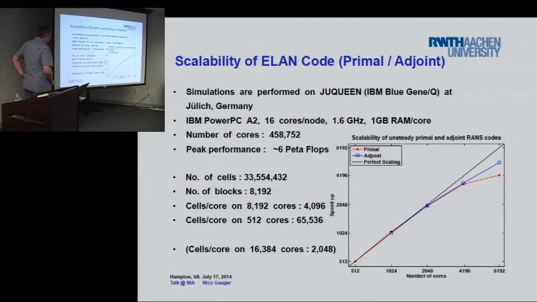That's a big performance if you would have the complete machine. And we measured the performance on a slightly smaller mesh here, which is having cells nicely dividable by 2. And you see how nice the primal code and the adjoint code performs. The adjoint seems to perform better. That's clear. You have more operations per node.